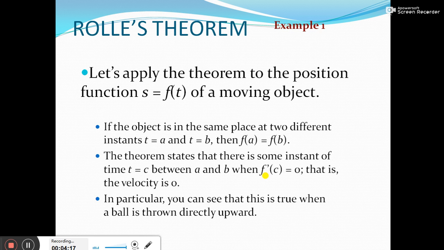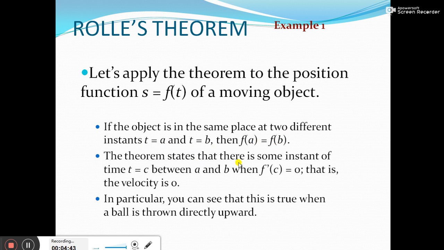And now we have the example. Let us apply the theorem to the position s is equal to f(t) of a moving object. If the object is in the same place at two different instants, at time t is equal to a and t is equal to b, then f(a) is equal to f(b).